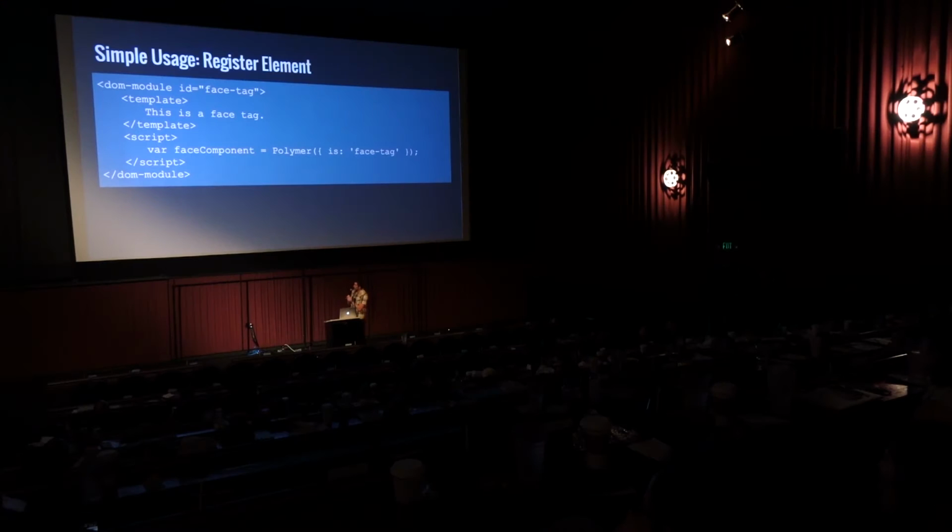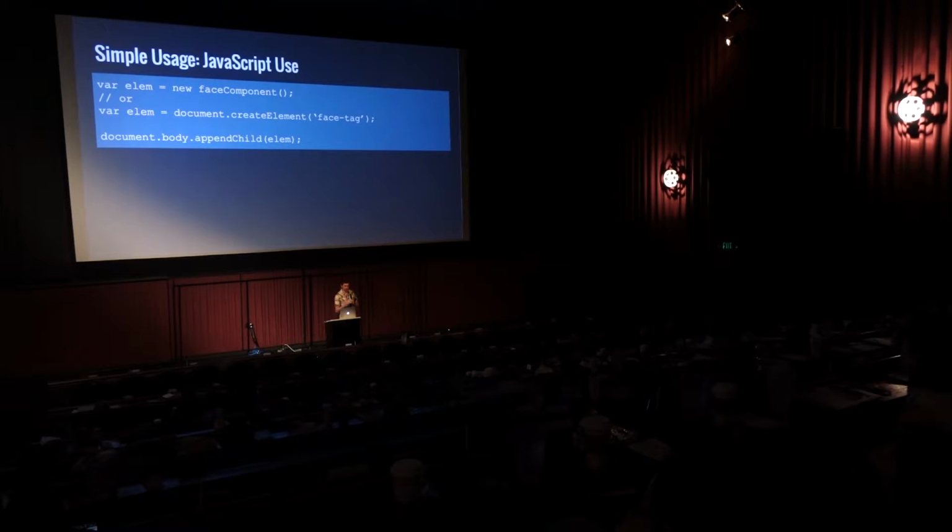So I want to make a note that we can set var FaceComponent equal to the Polymer register, and this allows us to use the DOM in JavaScript usage, where we can create a new element by saying new FaceComponent. This is the same that we already use in vanilla JavaScript. Pretty straightforward.